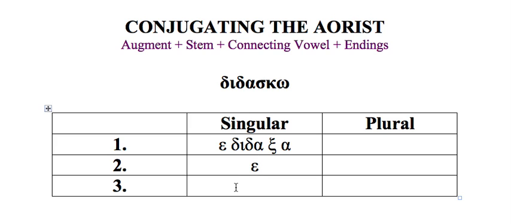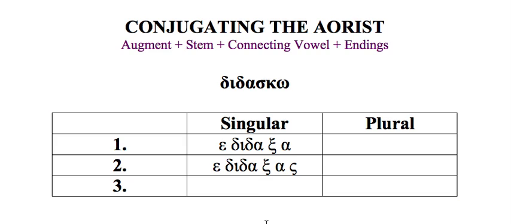Epsilon for our augment for the second singular. And we have didak as our stem, sigma, alpha for our connecting vowel, sigma for our ending. We have to go back and correct the kappa sigma amalgamation to a xi.